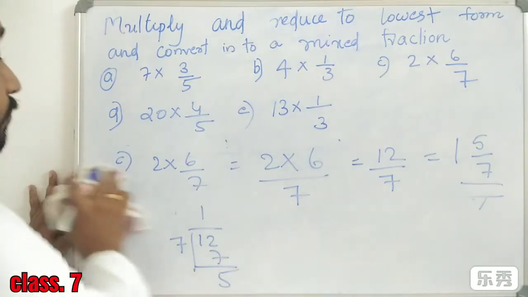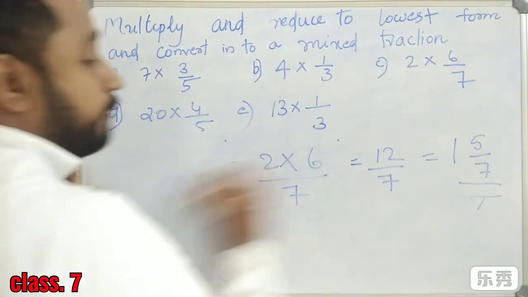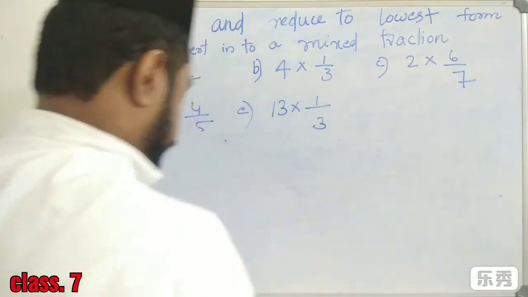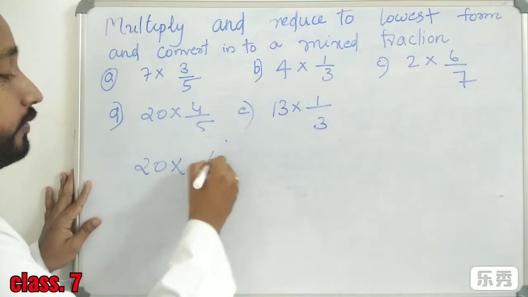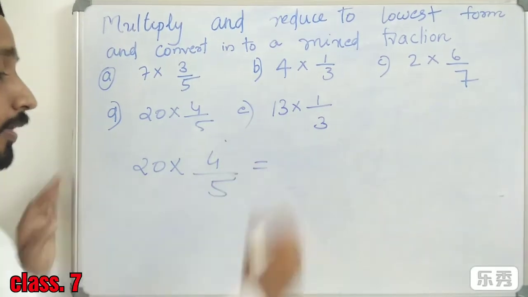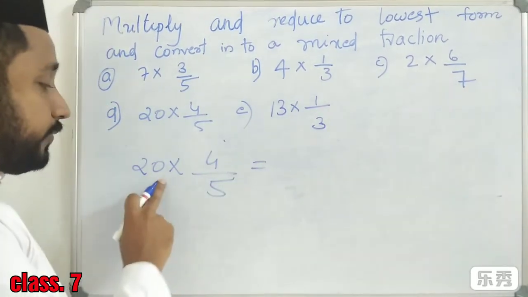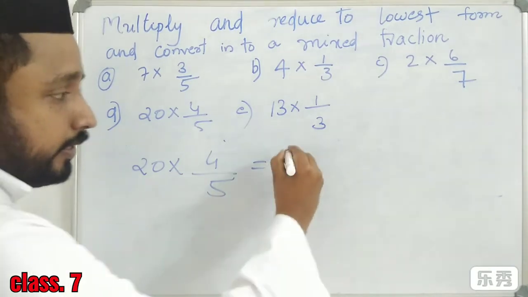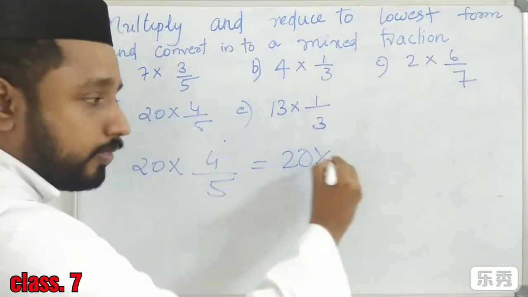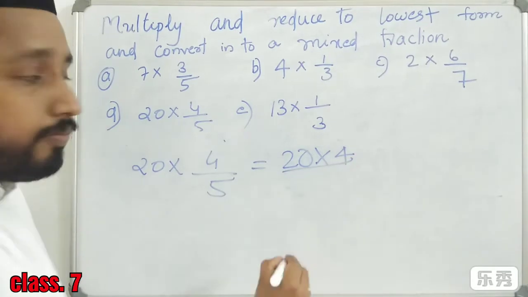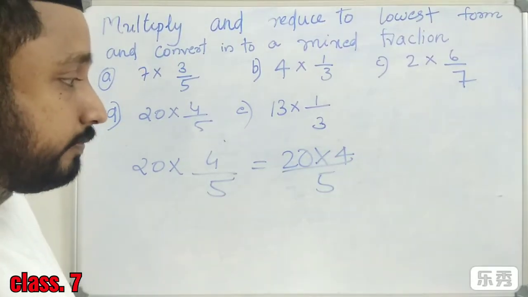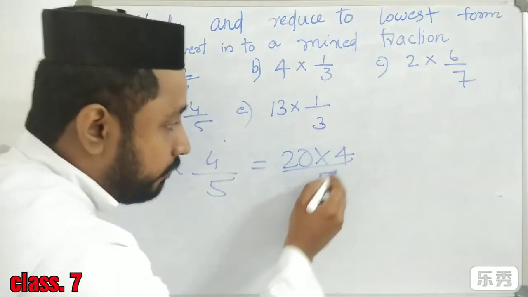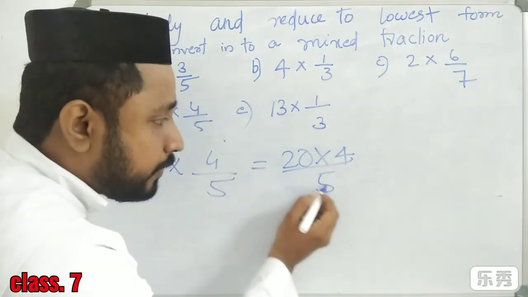Next one, the fourth one, 20 into 4 by 5. Here 20, here 5.